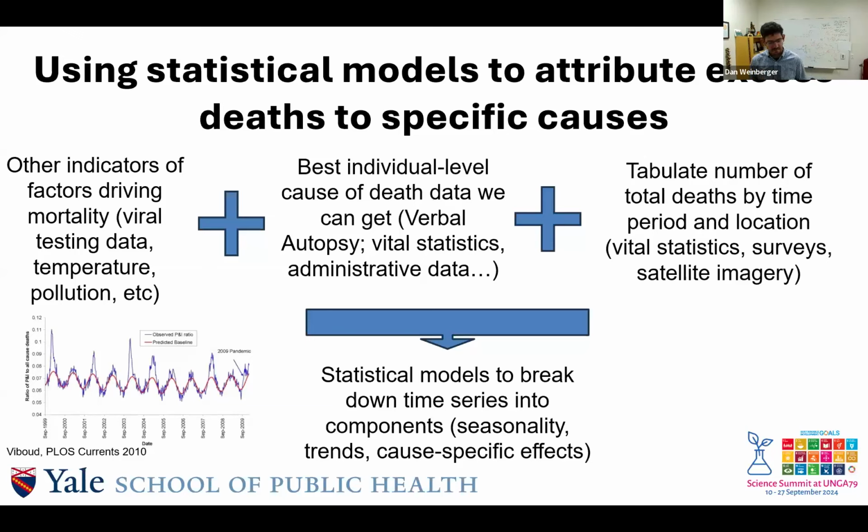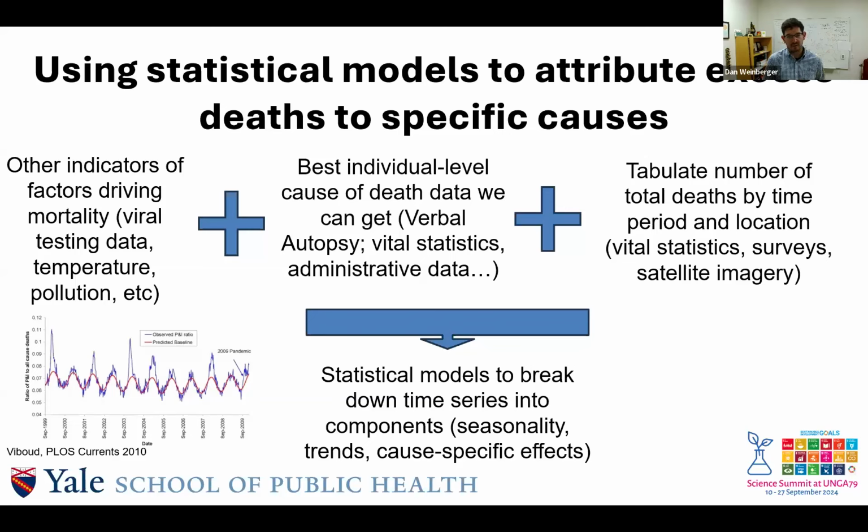So we can then take this a step further and use statistical models to try to link those excess deaths, so those increases above the baseline, to specific causes. We can bring in other information about viral epidemic intensity at different time points, other events that might be happening, lockdown intensity, healthcare capacity at different points.